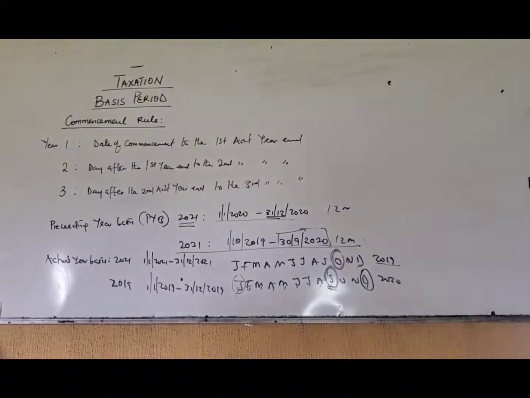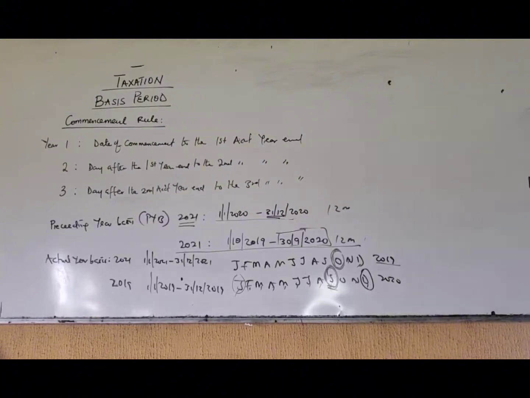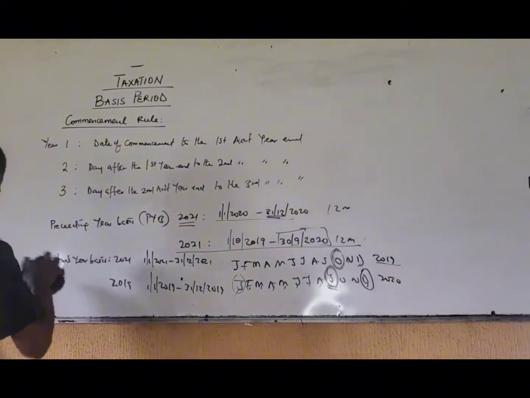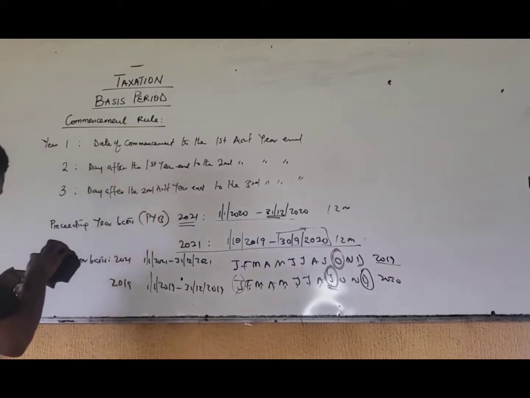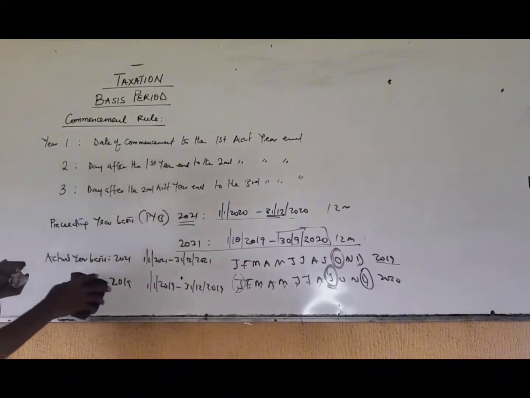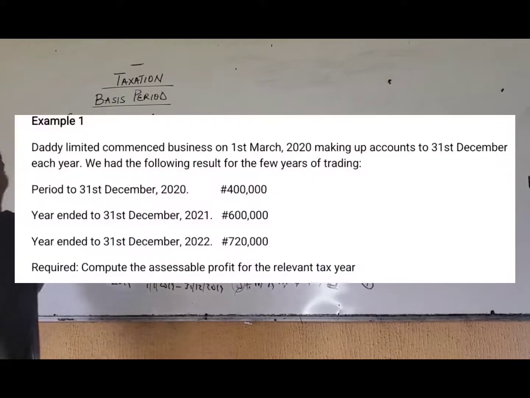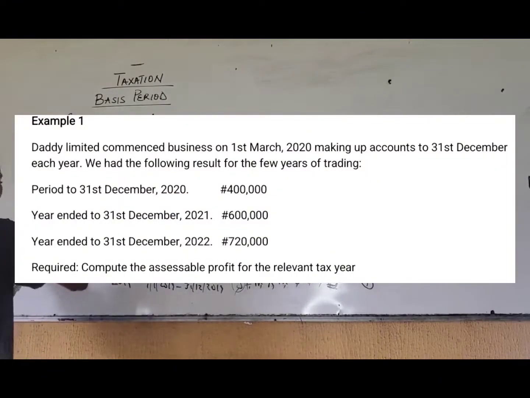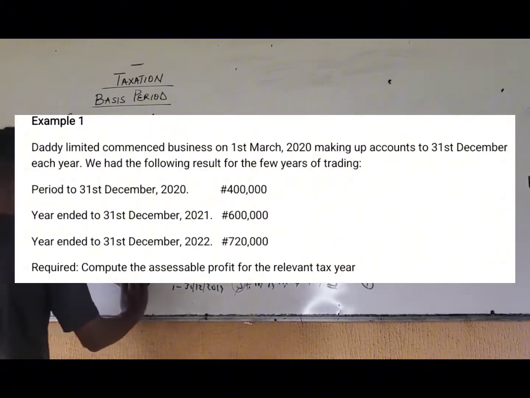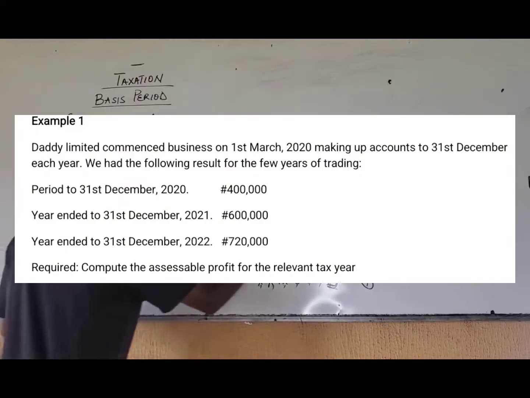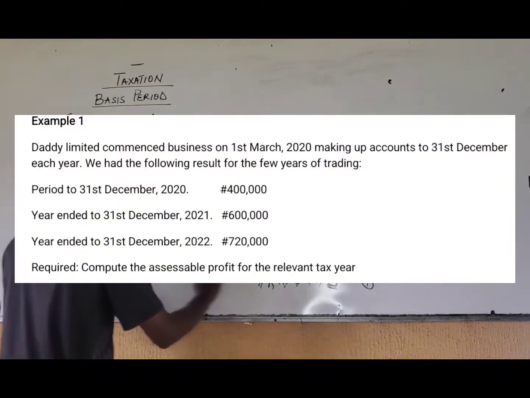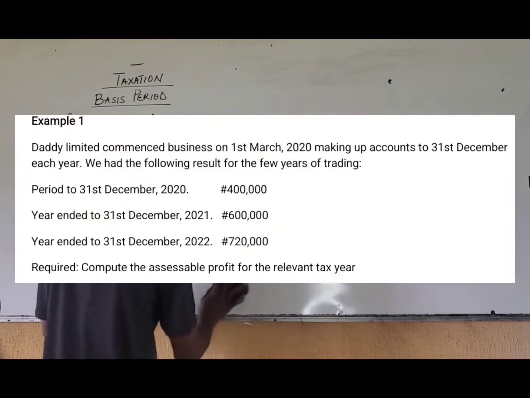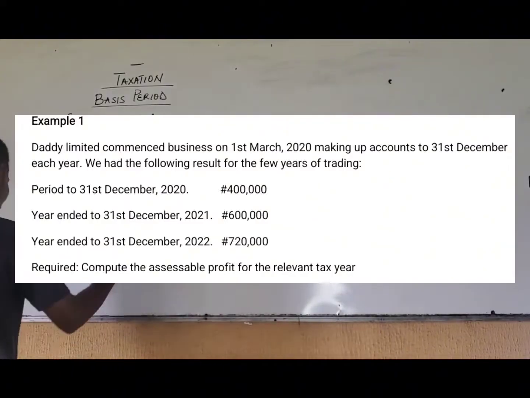All right, so let's solve a question on commencement now. So the question will be displayed on the screen. The question is this. Daddy Limited commenced business on 1st March 2020, making up accounts to 31st December each year.